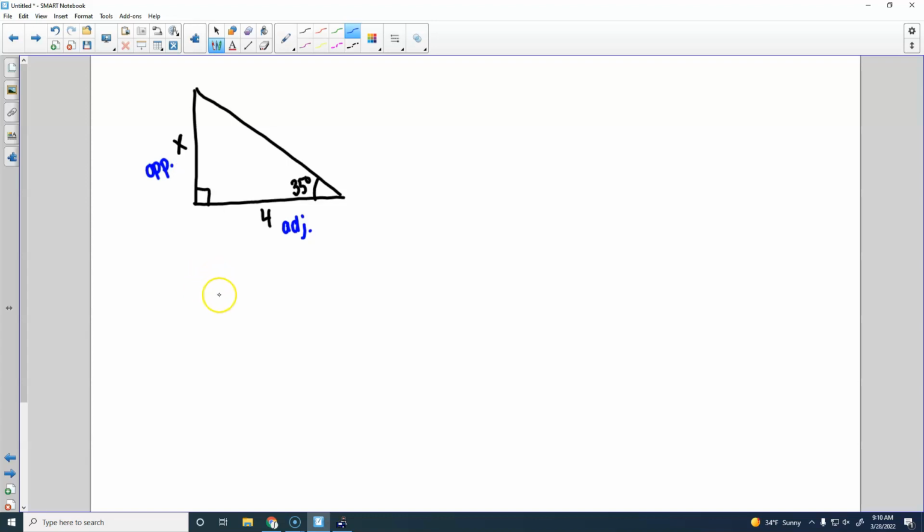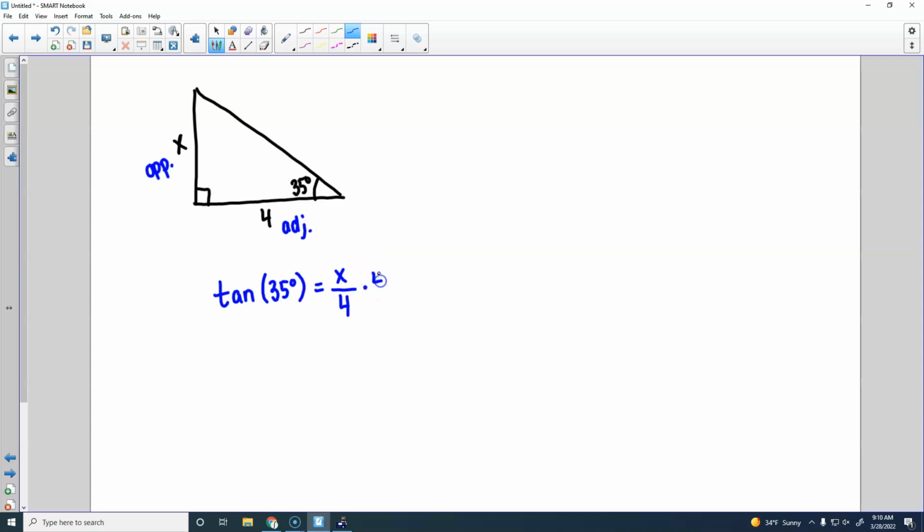That's tangent. So we will say tangent of our angle, which is 35 degrees, equals opposite side over adjacent side. So we have tangent of 35 equals x over 4. We're looking for x, so this is really simple to solve.